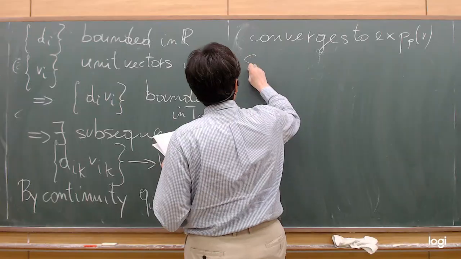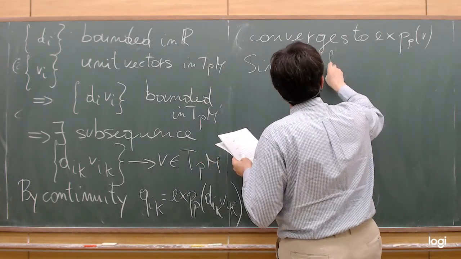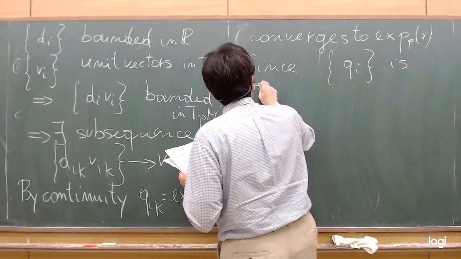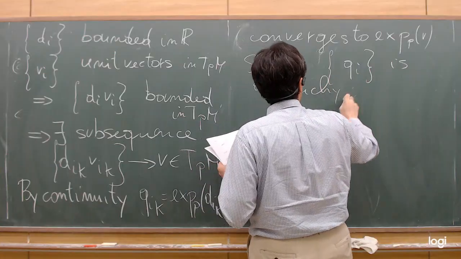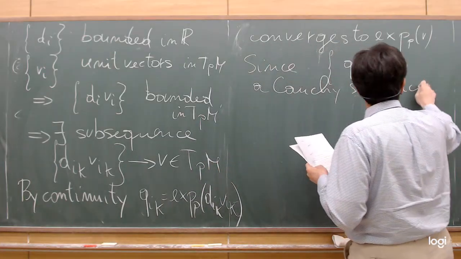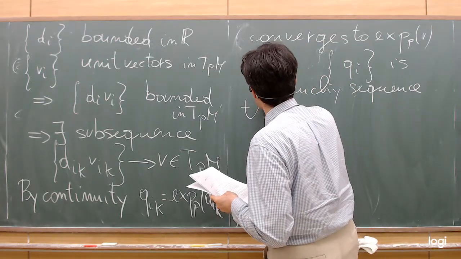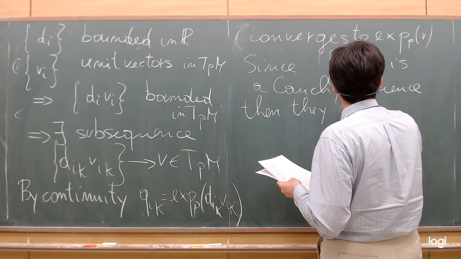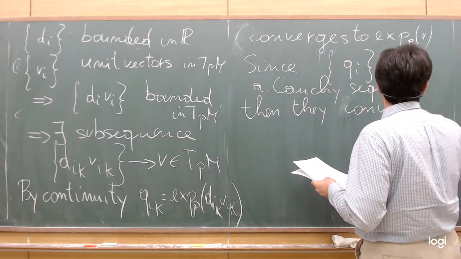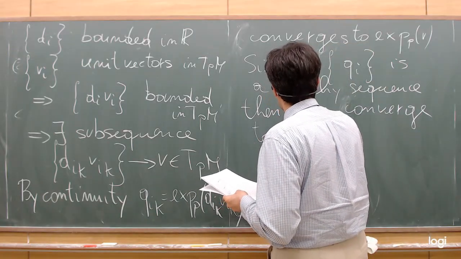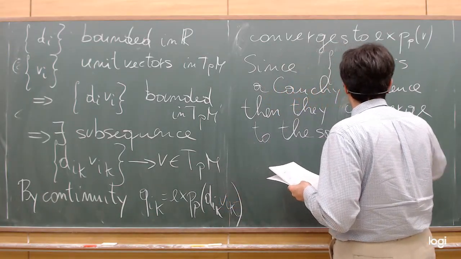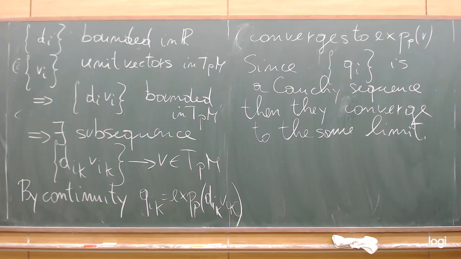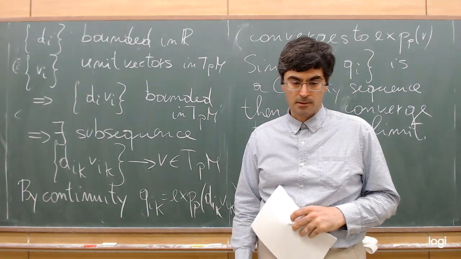And since this sequence is a Cauchy sequence, then they converge to the same limit, and this is the end of the proof. Let's stop here. Thank you.